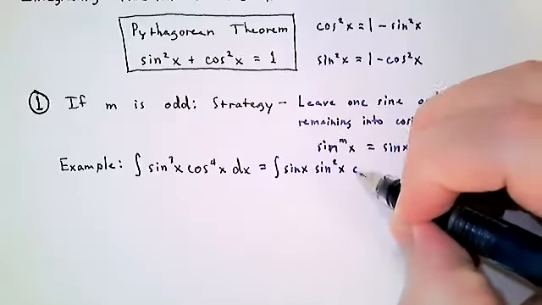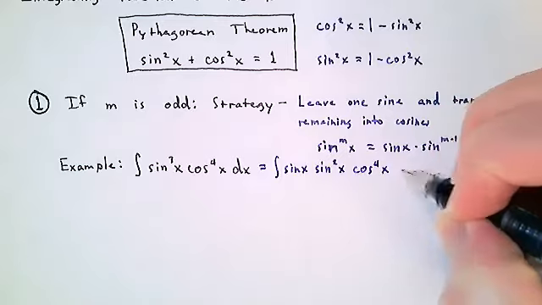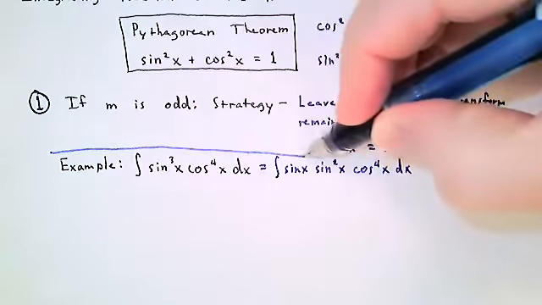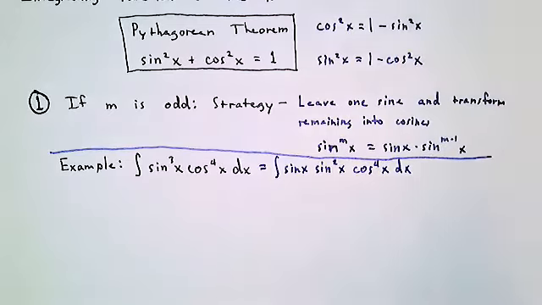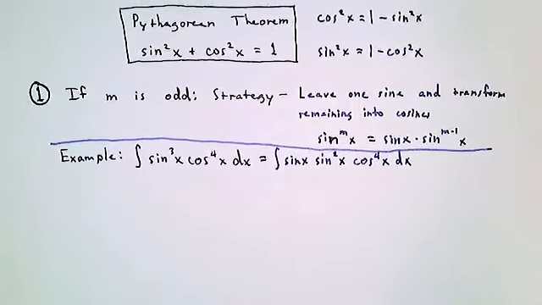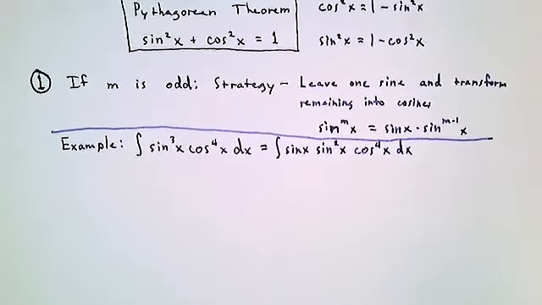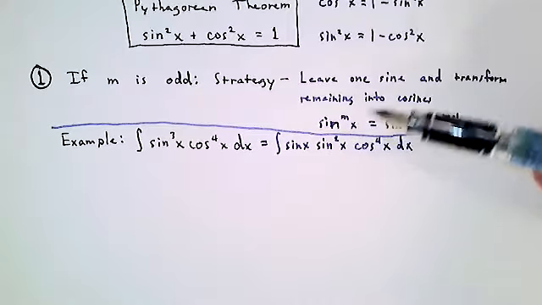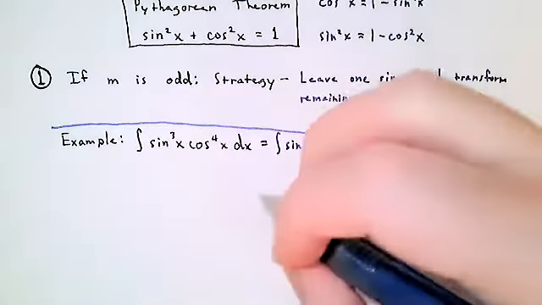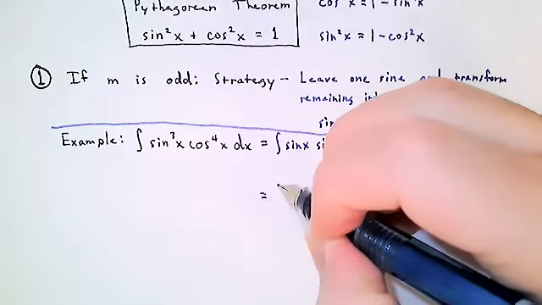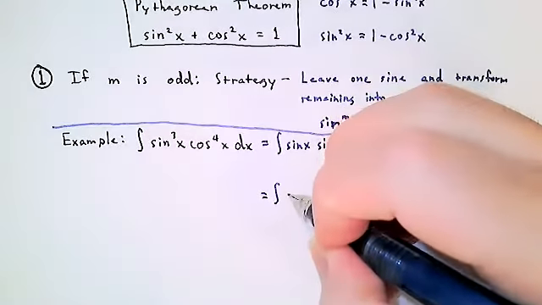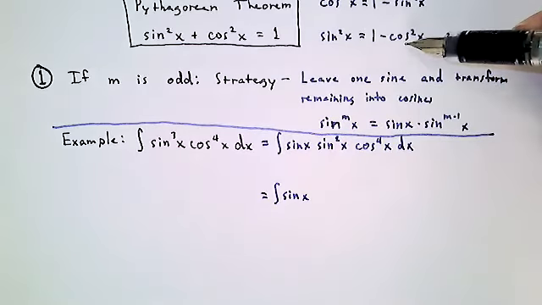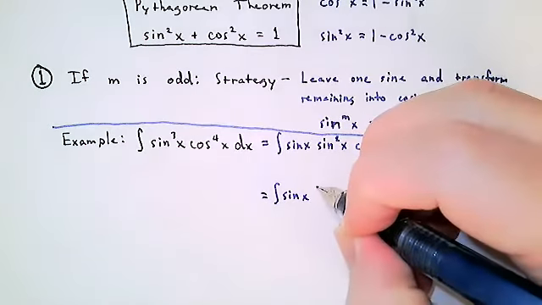And then we still have the cosine to the fourth power. Okay, so like I said, we're going to use this formula to transform the sine squared in this case. So sine squared becomes 1 minus cosine squared.